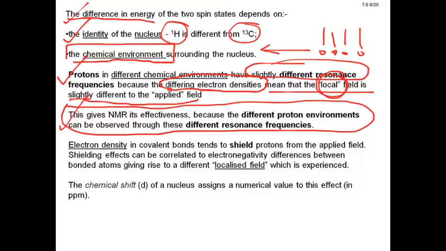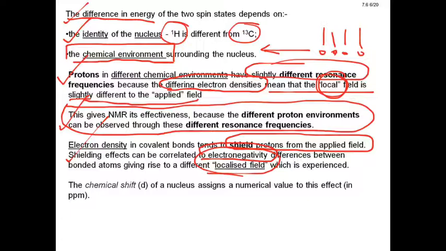Yes, okay, so electron density in covalent bonds tends to shield protons, because it opposes the externally applied field, because they're moving, aren't they? And these shielding effects can be correlated to electronegativity differences, as I said just before, between bonded atoms, giving rise to a localized field which is experienced.